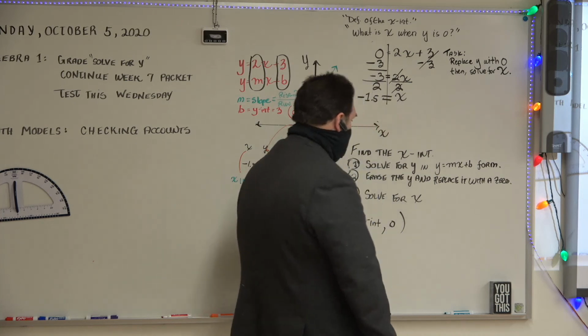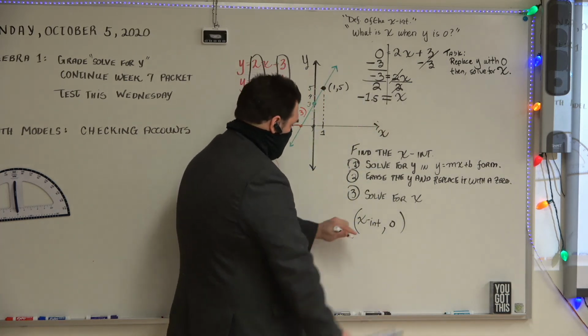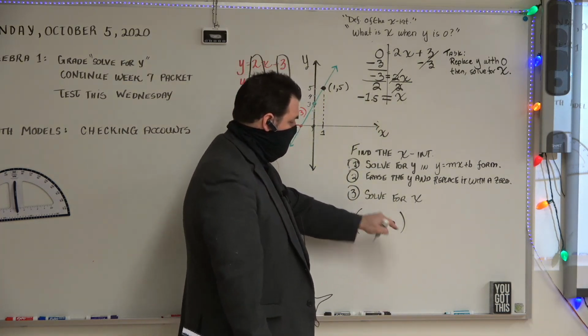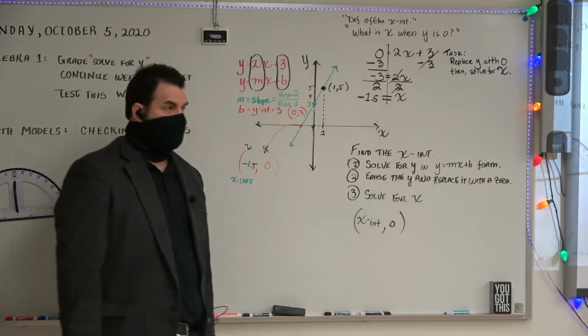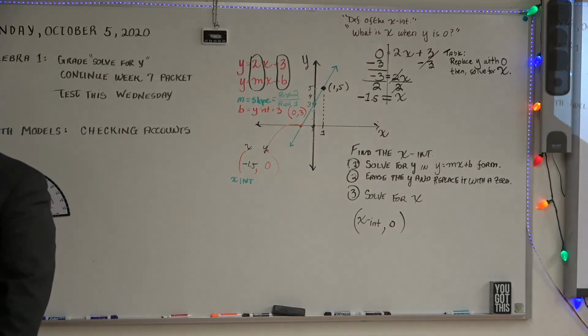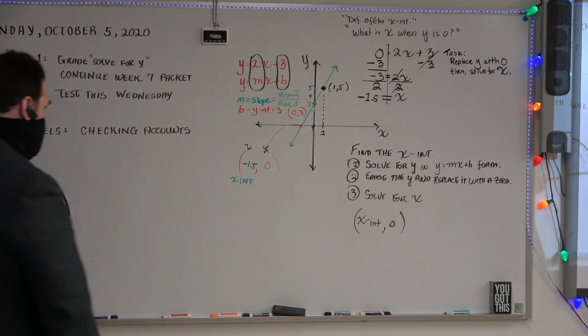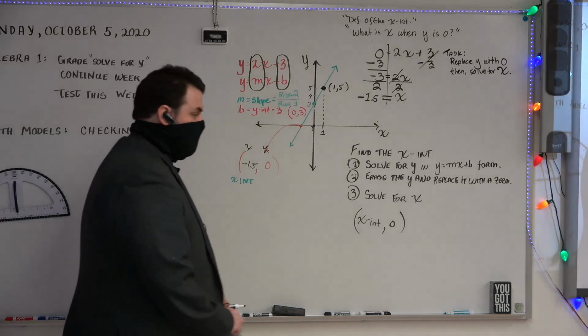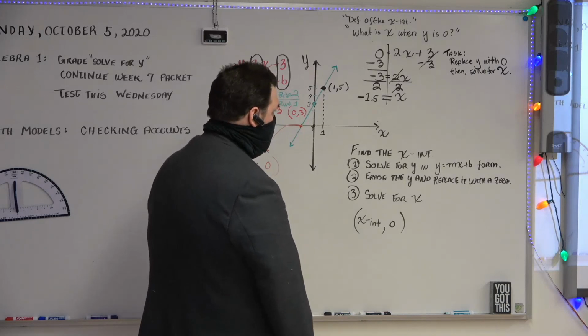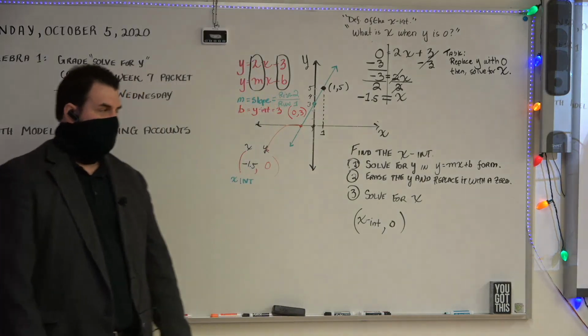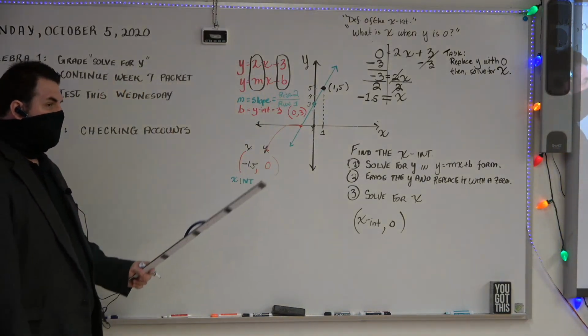So you need to write your answer as coordinates. X-intercept comma 0. Okay? I don't care if you leave it as a decimal, a fraction, or if you find it as a decimal. Just do it. Okay? You can do this.